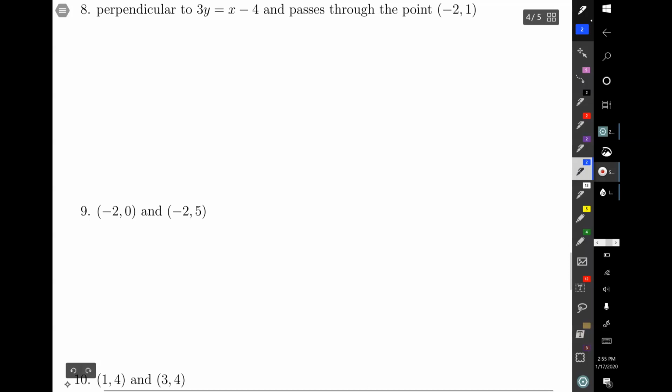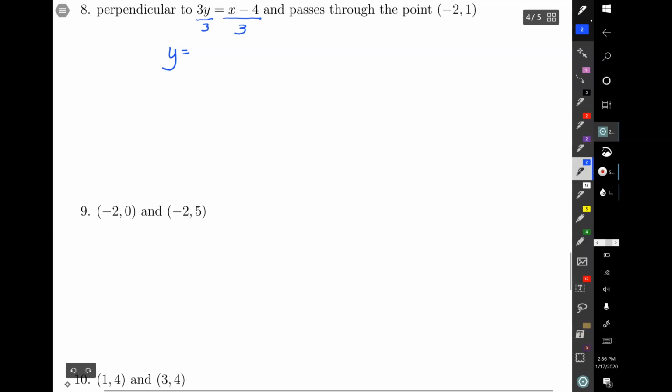So we have perpendicular to 3y equals x minus 4. So we have to figure out what the slope is for this. We're not given it, obviously. So we need to divide both sides by 3, get our y by itself, and then split this apart.